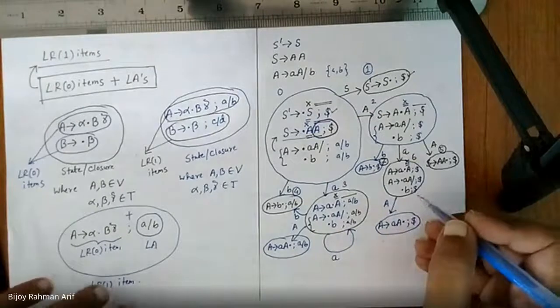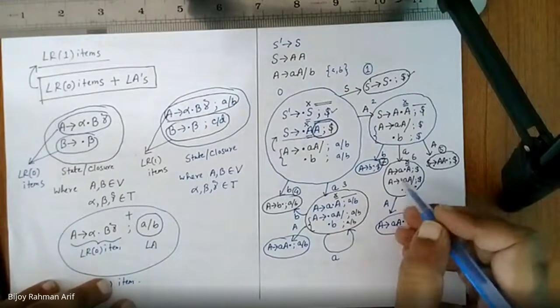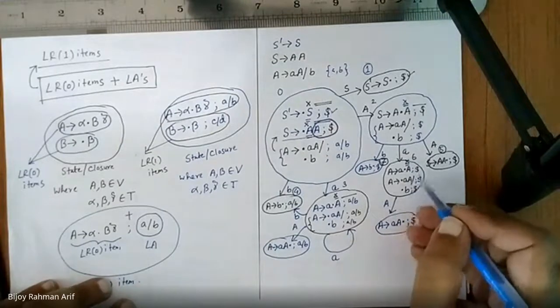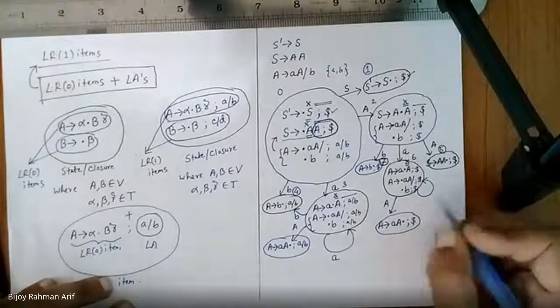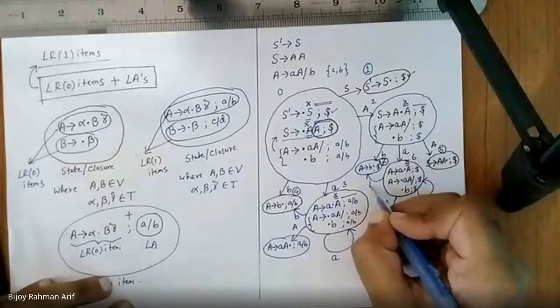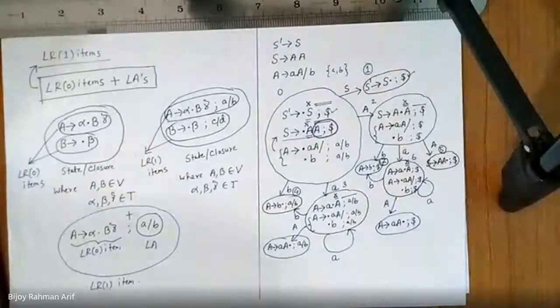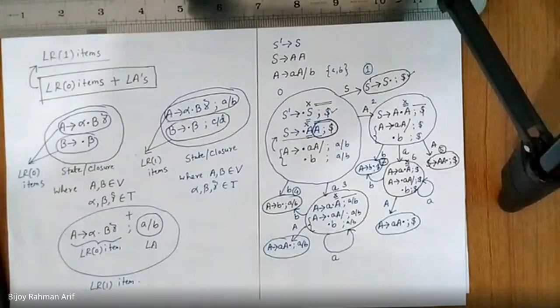Now over here, shift on small a. I am getting A derives small a dot capital A. But look at this, same. So I am revolving to the same state. And on B, I'm going to this. Now we are done. So this is the LR1 items transition diagram.